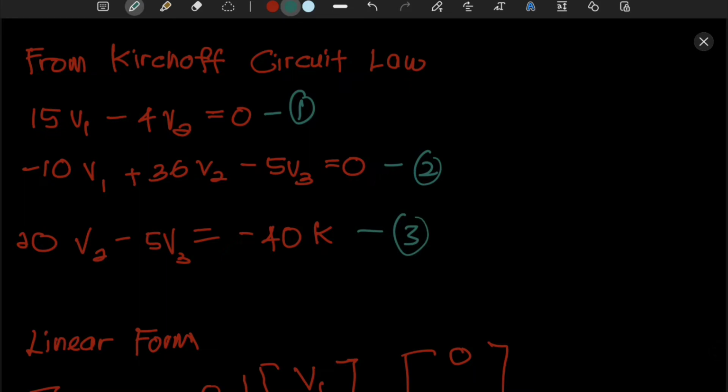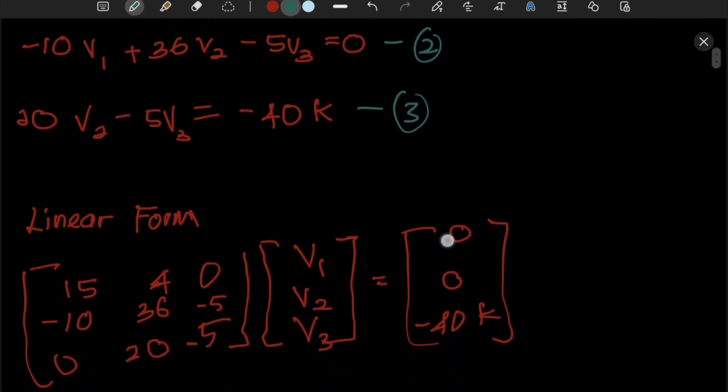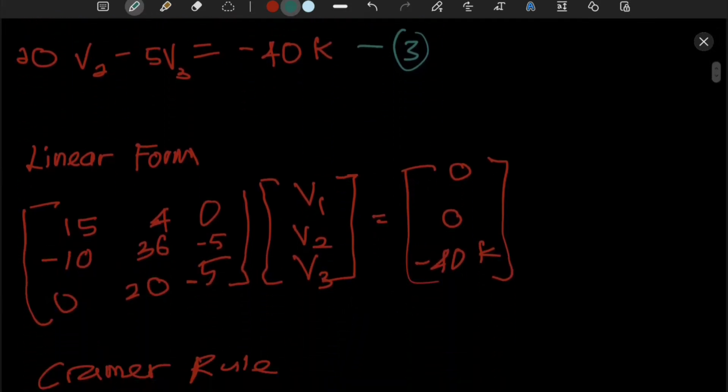Based on KCL, as my friend explained, we obtain this equation. From this equation we transform it into a linear form, to form the matrix, a system that we can solve through determinant.